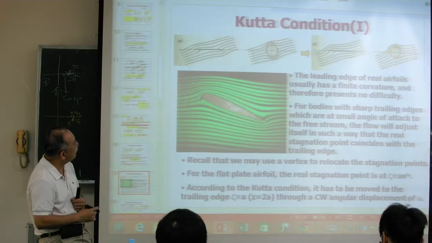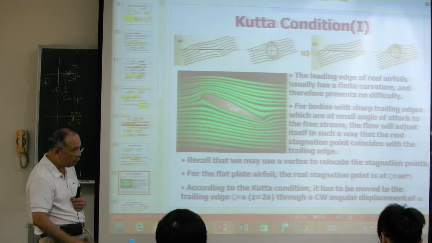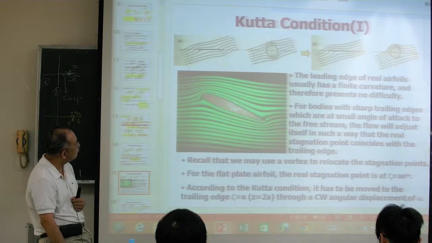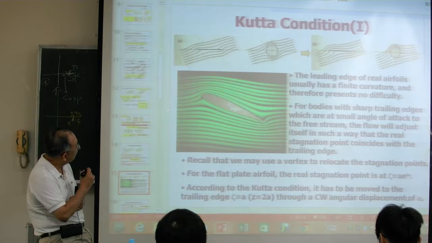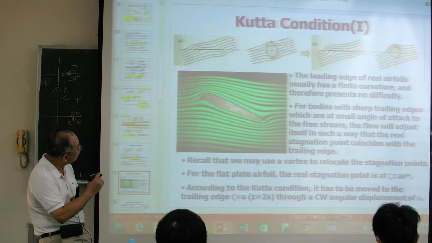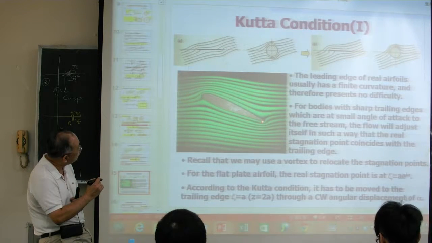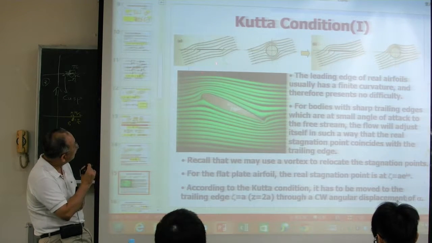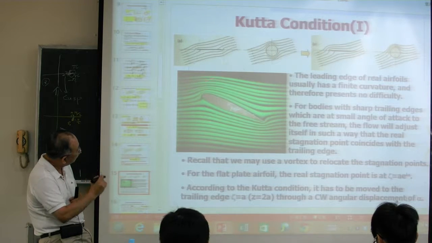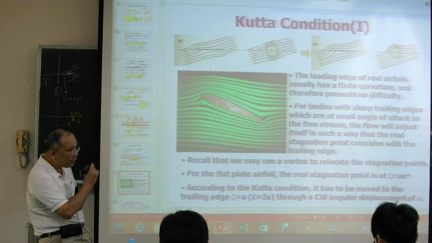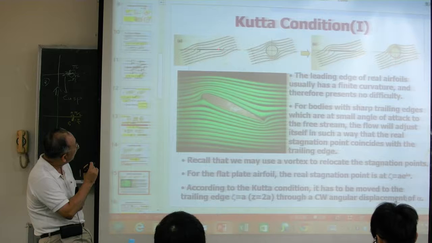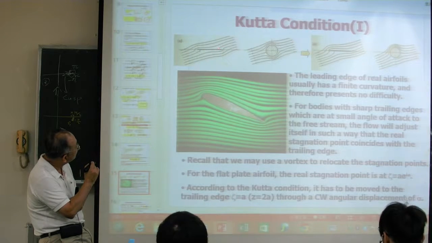If you see the real flow pattern, this is a real flow field from a water channel experiment. You can see the flow over the airfoil here. The stagnation point is not at this location; as you can see, the stagnation point is always at the trailing edge. So if you compare the mathematics and the reality, the difference is the stagnation point location, which in our analysis is impossible.